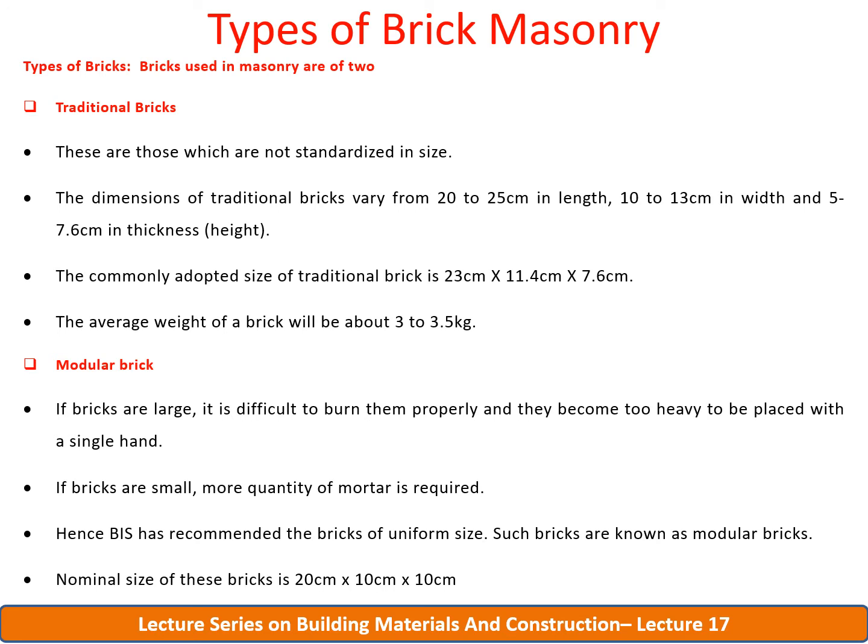The nominal size includes the mortar thickness. Modular bricks are economical to manufacture, require less area for drying and stacking, and require less brickwork for the same surface area of the wall in comparison to the conventional brick. The masonry with modular bricks can be used for any type of construction work.